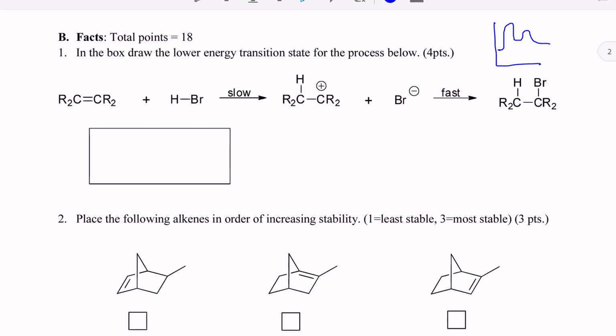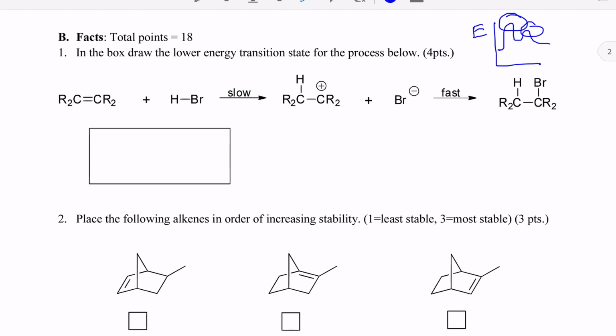So the highest energy peak corresponds to the transition state for the slow step of a reaction, and the lower energy peak corresponds to the transition state for the fast step of the reaction.